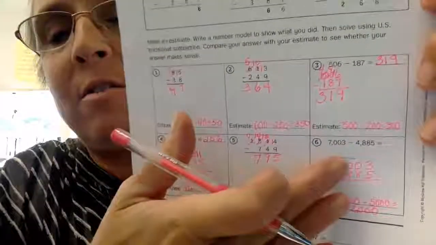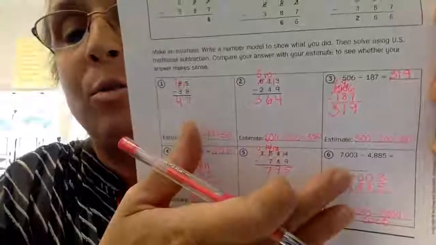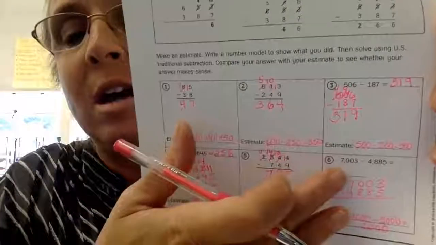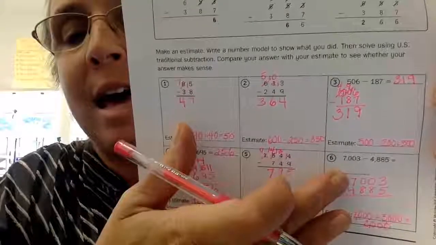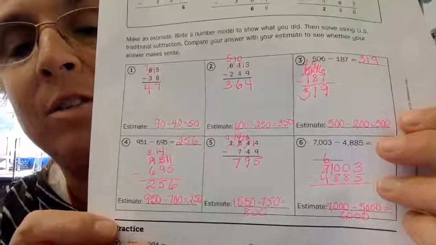But I'm noticing that now I don't just have one zero in the tens place, I have a zero also in the hundreds place. So then when I go to borrow, because I can't take 5 ones from 3 ones, I have to go all the way to the thousands place. So I'm going to take 1,000 from my 7,000, leaving me with 6,000, and that becomes 10 hundreds.